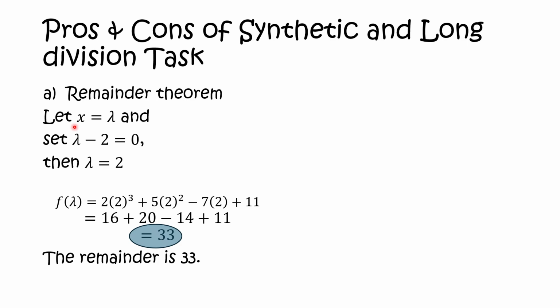We explain this. So now we get our lambda which is 2, and we substitute it into f of x. So we have f of lambda, and we get 33 at the end. The remainder is 33. So that is our answer.